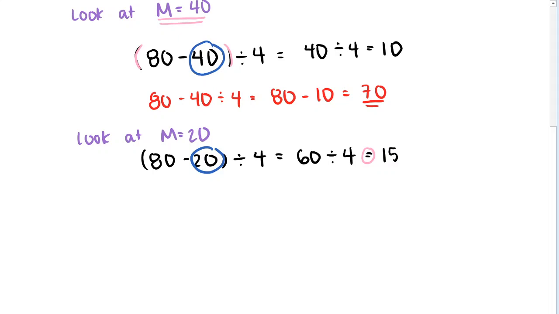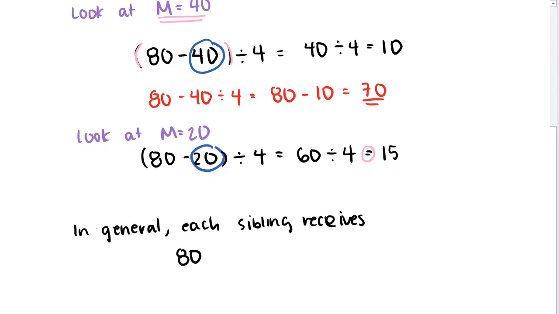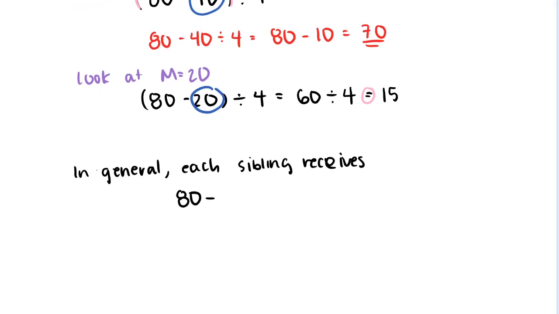Here, really, in general, each sibling receives, well, we would take 80, we would subtract away whatever Moira took for herself, and then from that result, subtraction first, we would then divide the rest among her 4 siblings, and this would give us how much each sibling received. So this is the expression we're really looking for. And I definitely encourage you to test different values in this expression and really convince yourself that this is the case, and this is the expression we want.